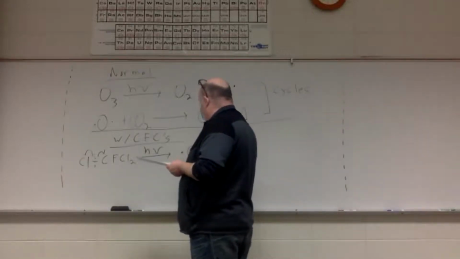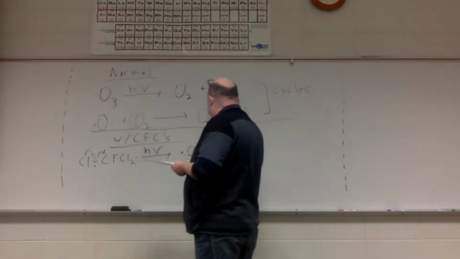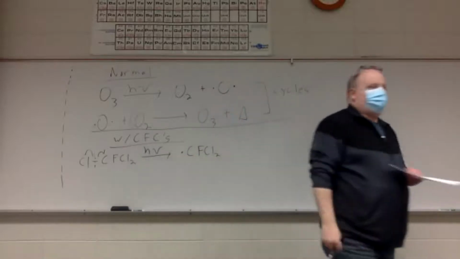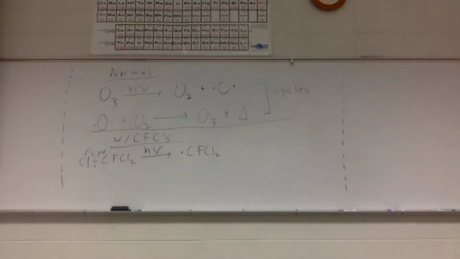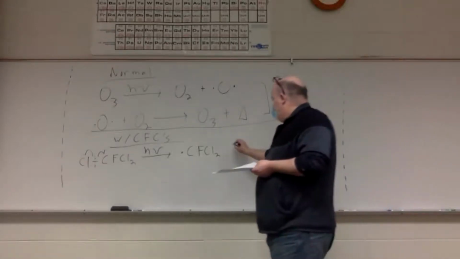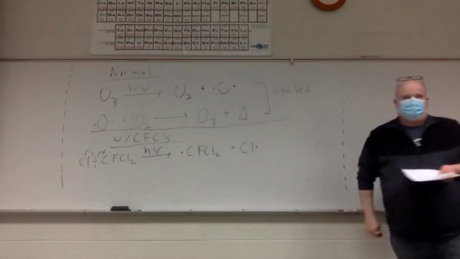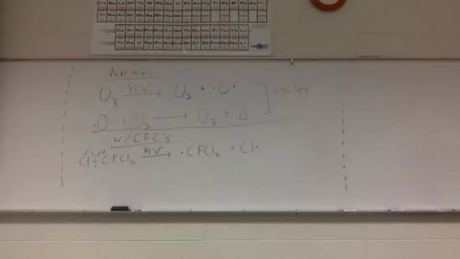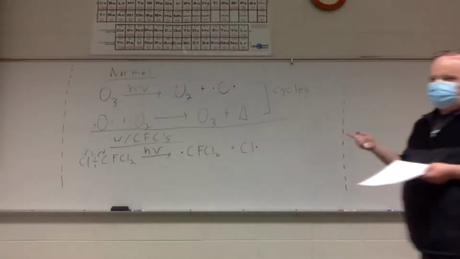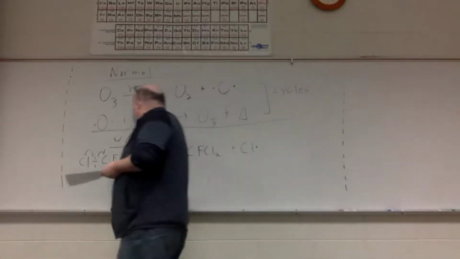So it's going to create a carbon radical, which honestly we don't care about. That's not a harmful species. That's not going to do anything. But what is bad is this little guy right there, the chlorine radical. This is going to be what targets your ozone.